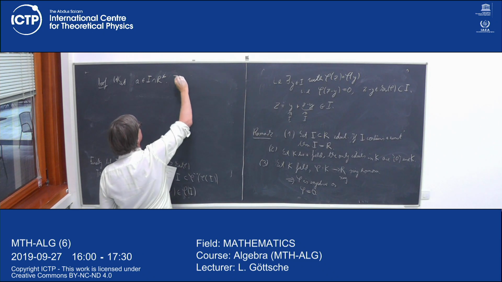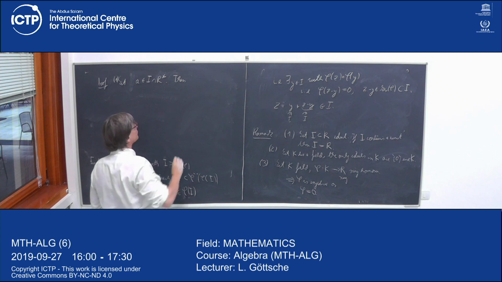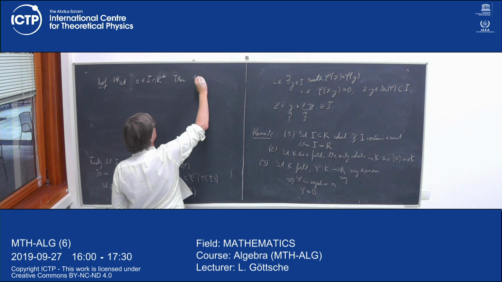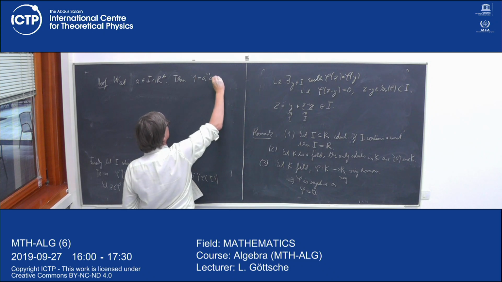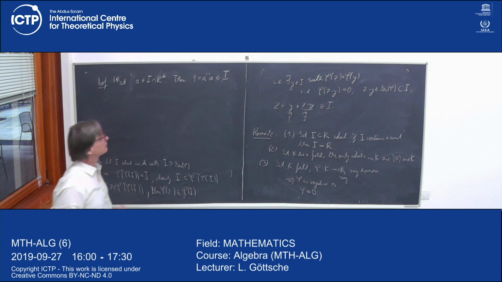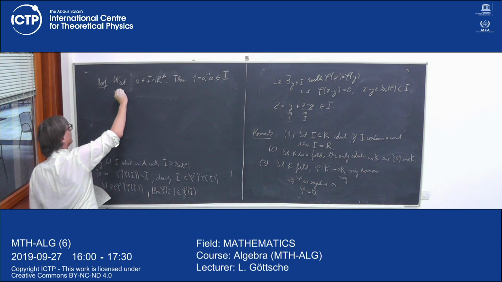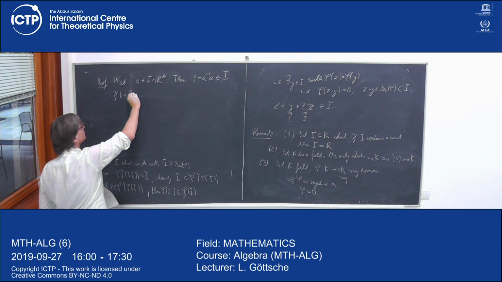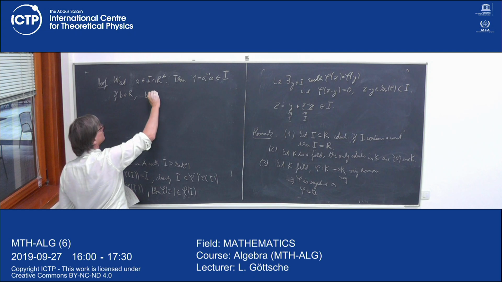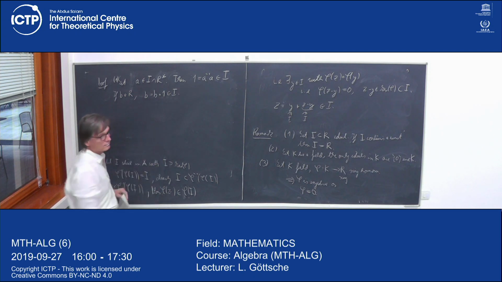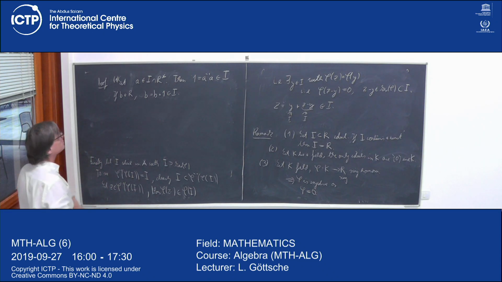Then you can multiply by the inverse, so 1, which is equal to a to the minus 1 times a, is also an element in I. And so if b is an element in R, then b equal to b times 1 is in I. So just by definition, once it contains a unit, it contains everything.